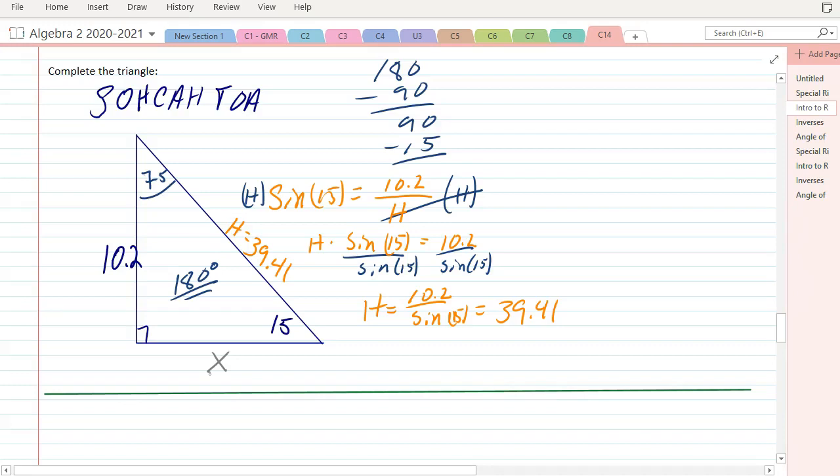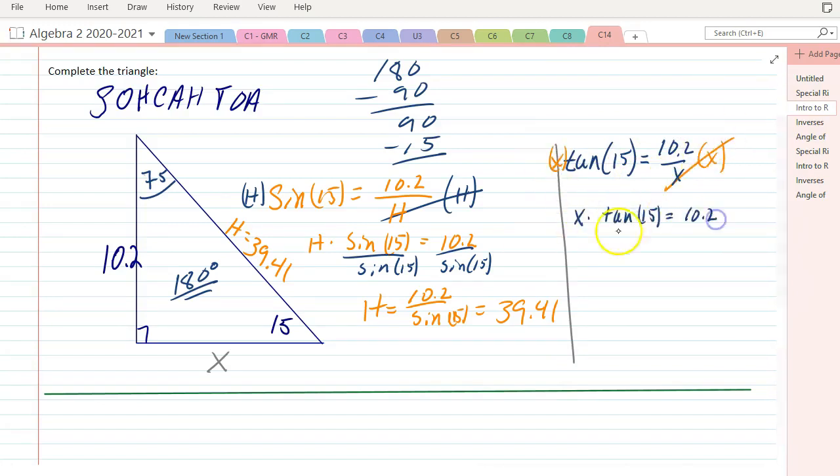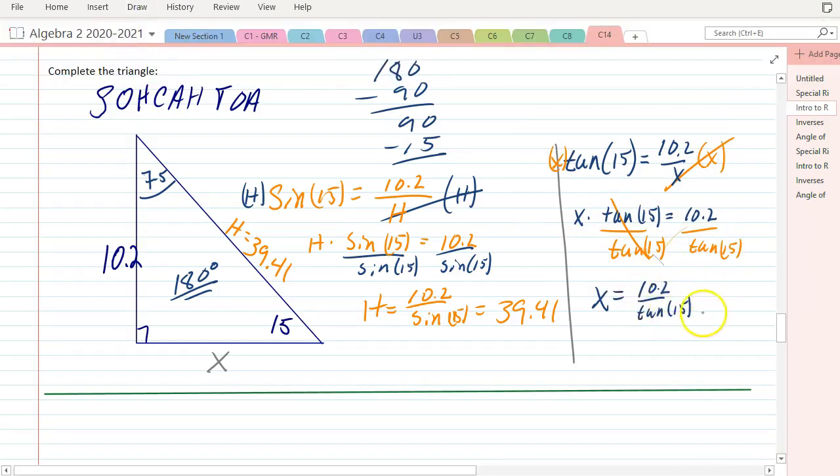I'm pretty sure I got the 75 right, so I'm not going to worry about that. We'll start with the 15. We have tangent is equal to 10.2 over x, and then we solve. You're left with x is equal to 10.2 divided by tan 15, which is equal to 38.07.